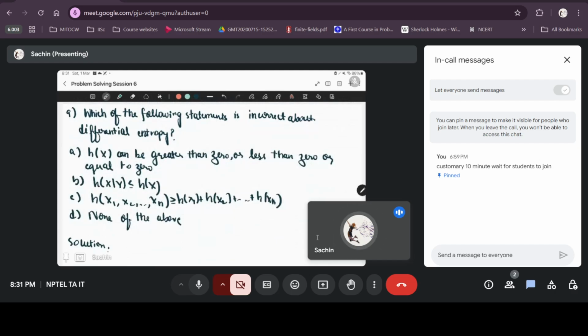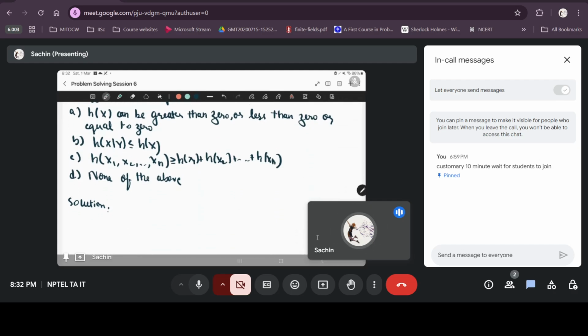The second statement, saying that conditioning reduces entropy, is true for differential entropy also, similar to the entropy for discrete random variables. So the third statement is false because the second statement is true.